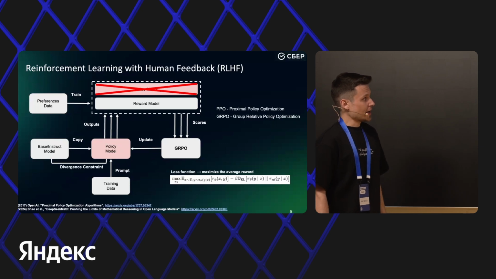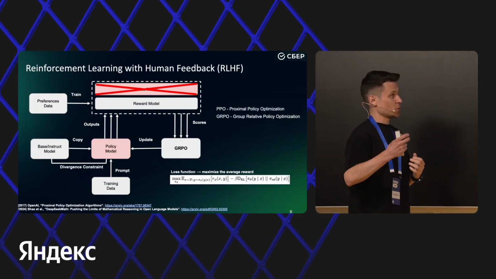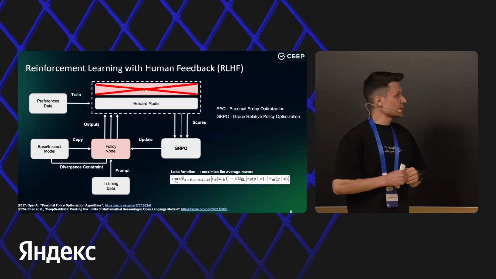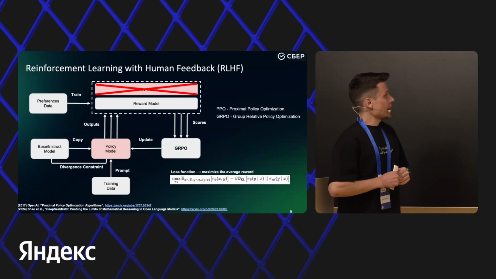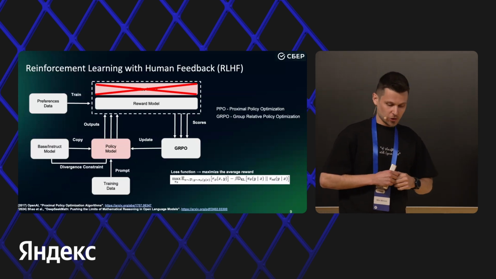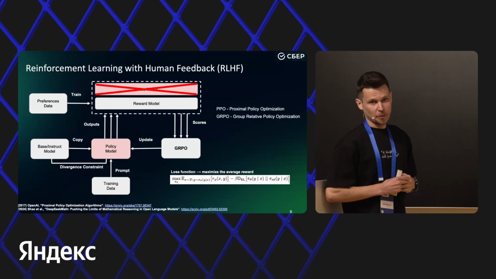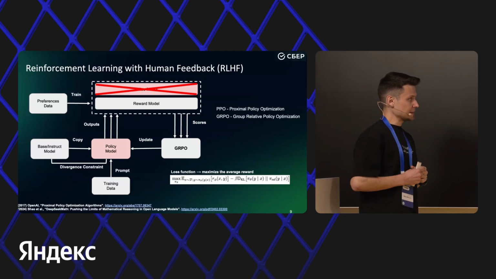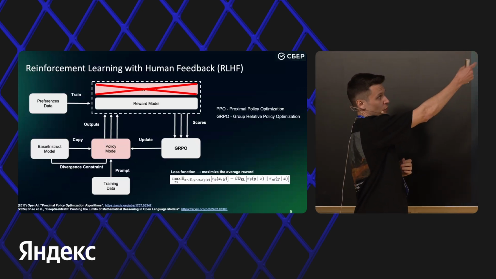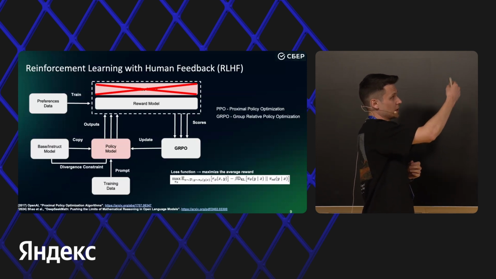But regarding accuracy, there is no big jump in improvement. Of course, they show that they improve accuracy, but it is not what we expect. Also, when we talk about PPO and GRPO in this form, we talk about reinforcement learning with human feedback. What does it mean? It means that the reward model is trained offline on human preference data annotated by humans.